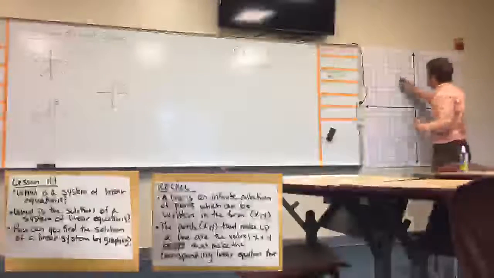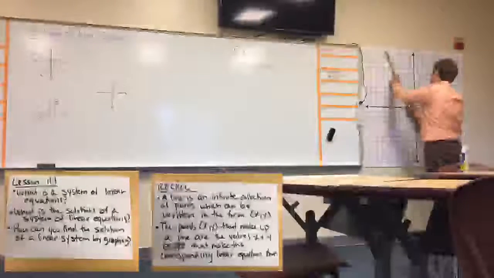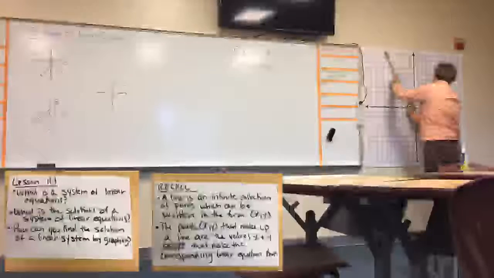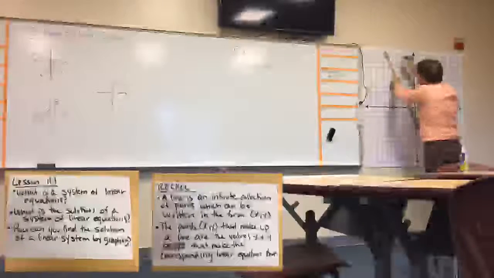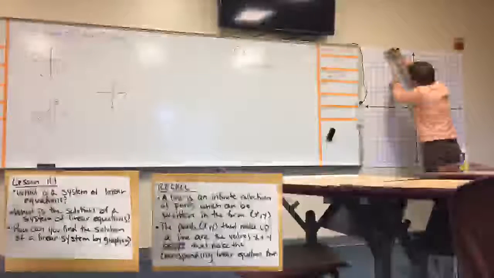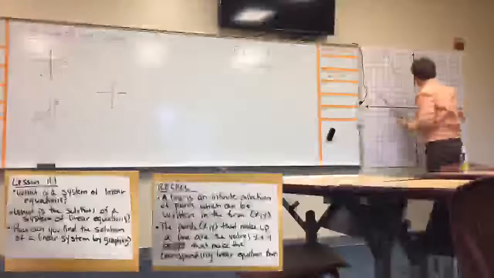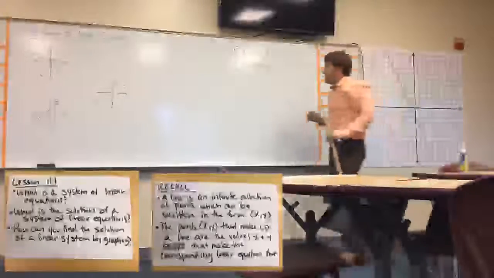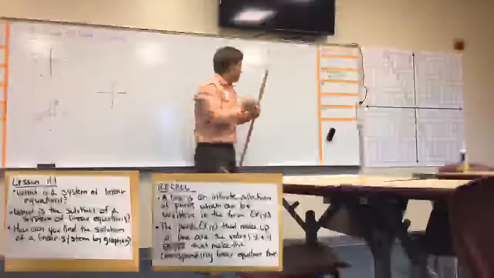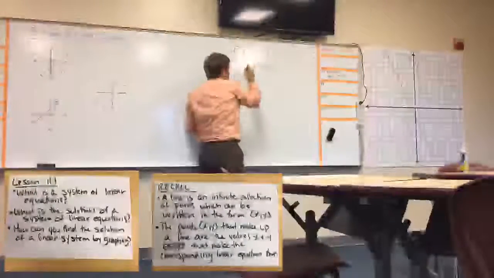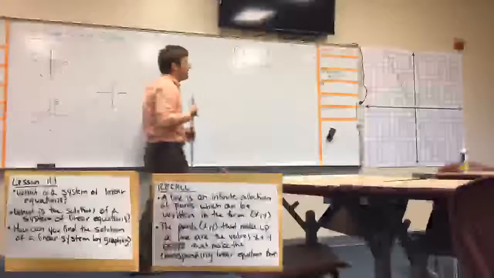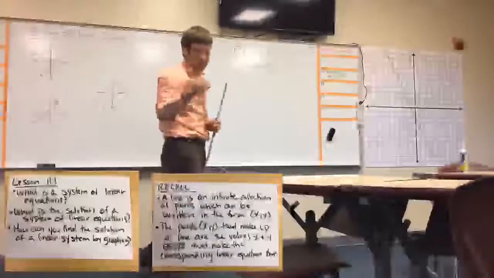I might want to continue this line. Now I've graphed the first line, and I want to graph the second line. This is in standard form, so it might be easier to plot the intercepts and then connect them.